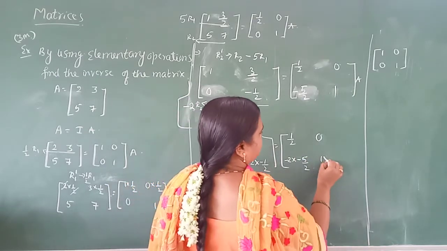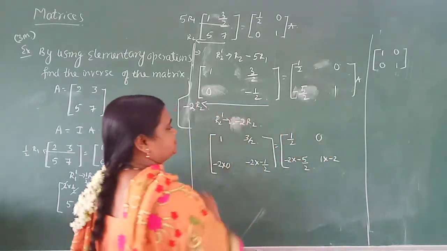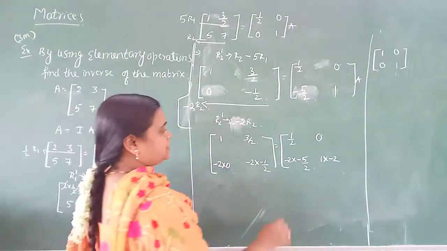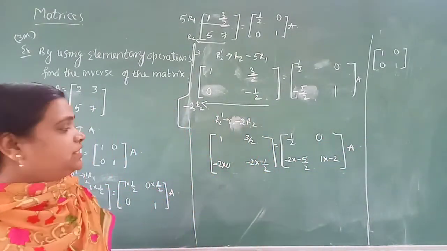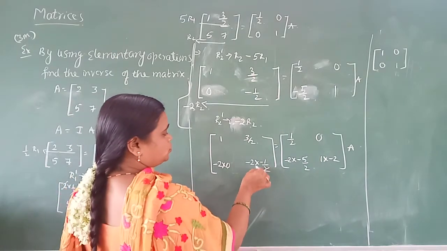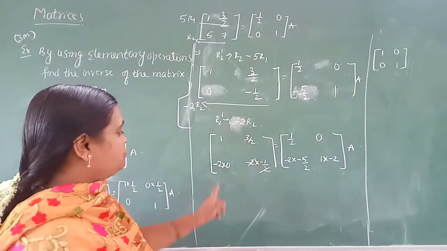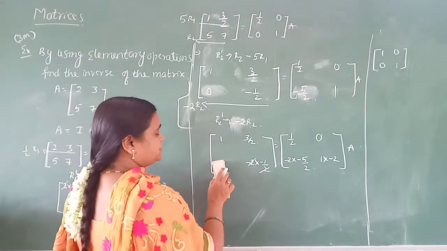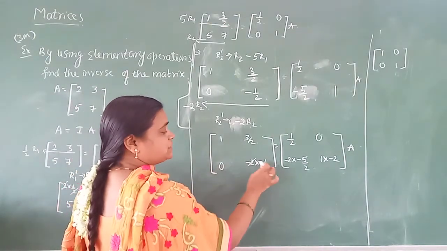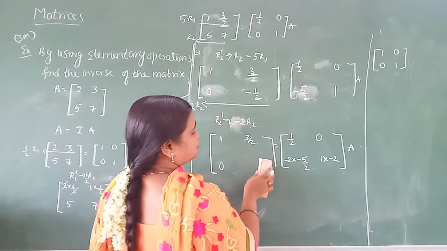Next, 1 into minus 2. See, the 2 gets cancelled. Minus 2 into 0, what will it be? 0 into everything is what? 0. Minus into minus, what will you get? Plus. Therefore, this is 1.